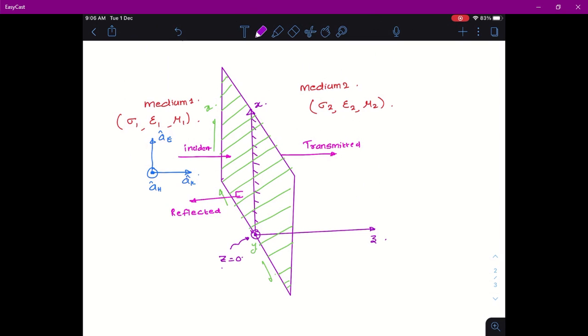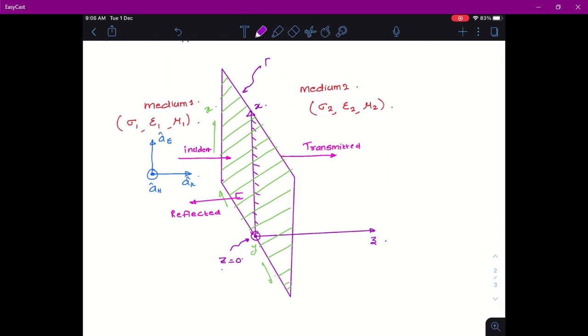The x will vary up, the y will vary towards the side, but for the whole plane, or the boundary of two mediums, the value of z is equal to 0. So basically the wave is incident at z equal to 0.